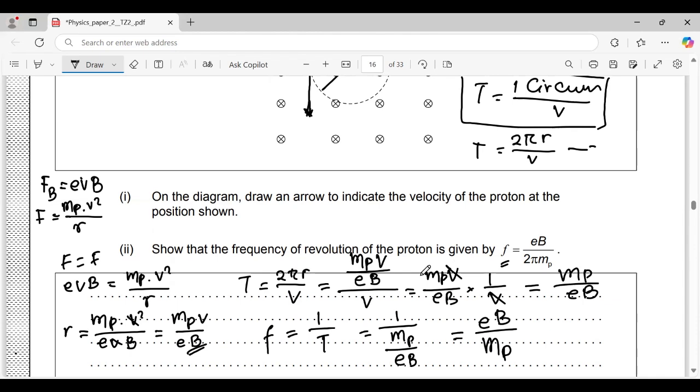I forgot that there is supposed to be 2 pi here. I forgot to add 2 pi. This is 2 pi, this is 2 pi as well. I'm going to fix it. So eB over 2 pi m. Okay, this is frequency, same as this one.